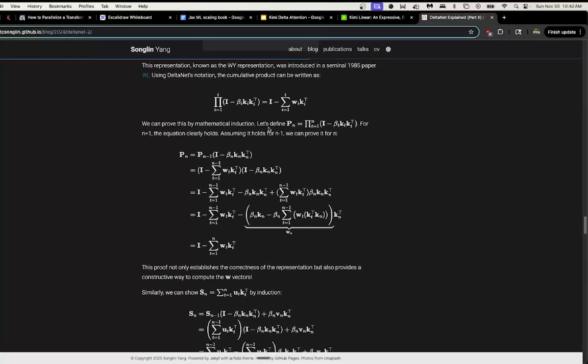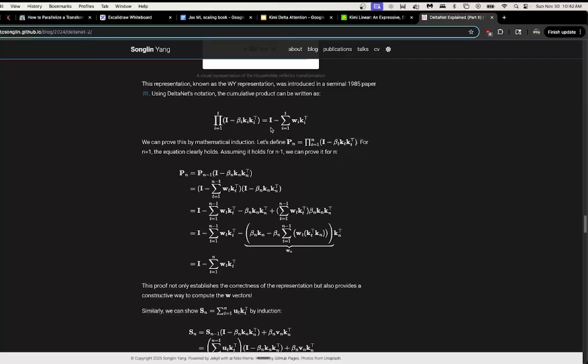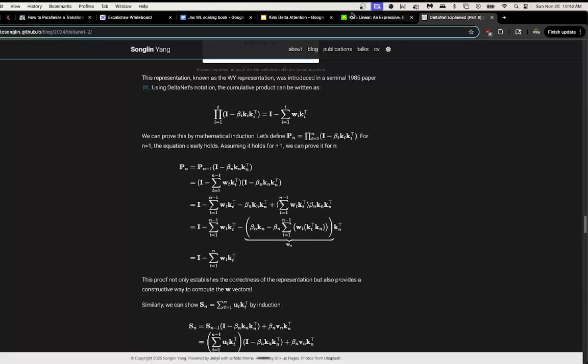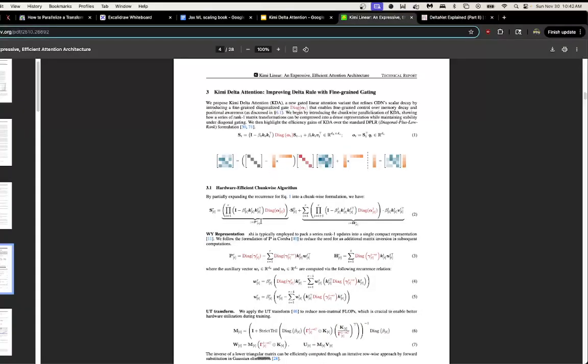So basically, they show a short inductive proof here showing that this cumulative product can be shown as just the identity minus this summation. Let me break this into parts. First, P of n, if we look back at the Kimi paper, this is P of n, right?